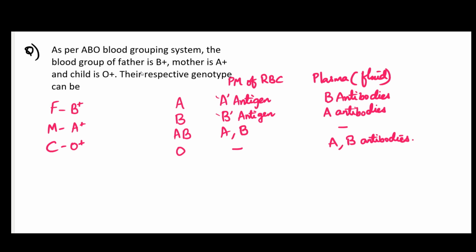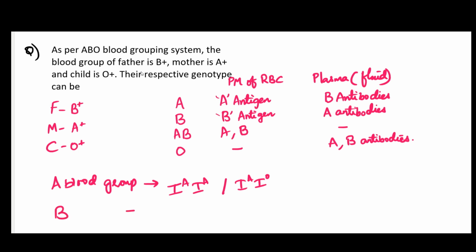Now, in an organism, any character is encoded by a gene. The alternative forms of a gene are known as alleles. When a person is of A blood group, he or she can have a genotype as IAIA or IAIO.